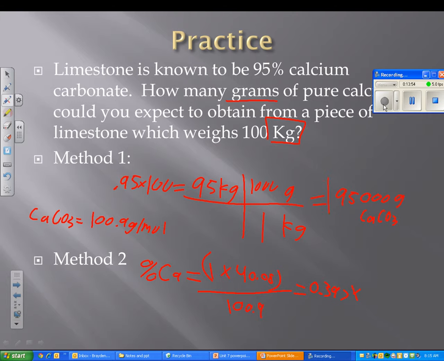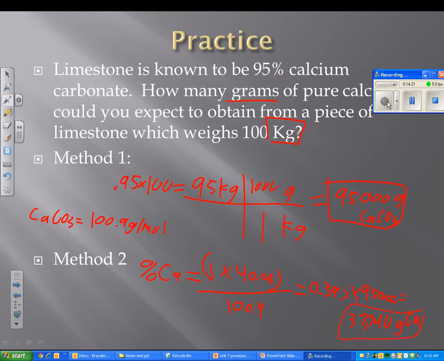Times that by our new mass of 95,000, and that will give you 37,740 grams of calcium.